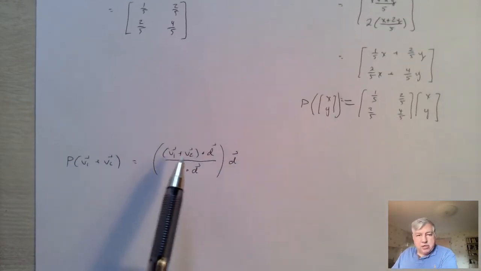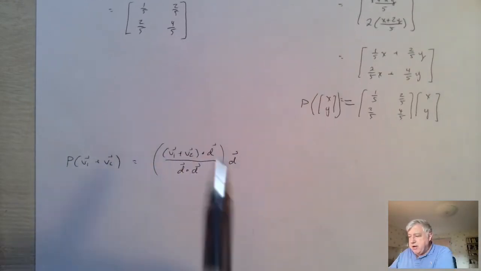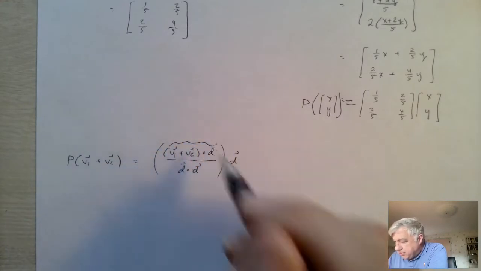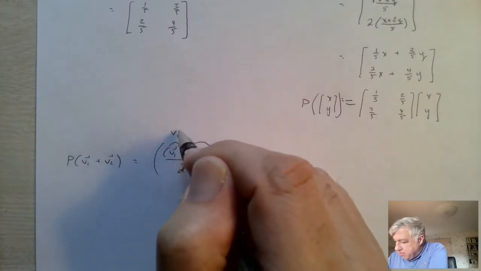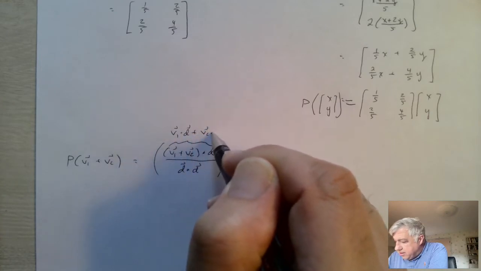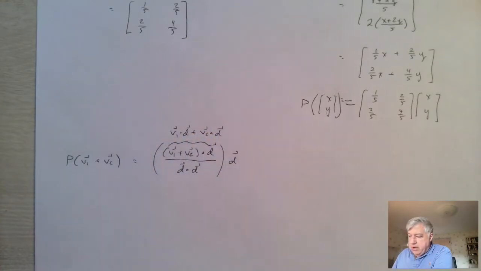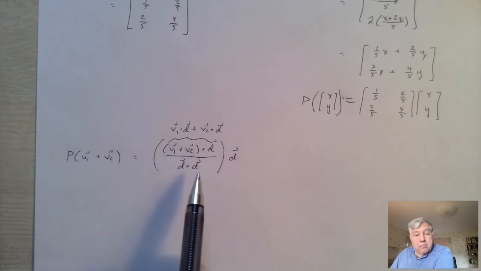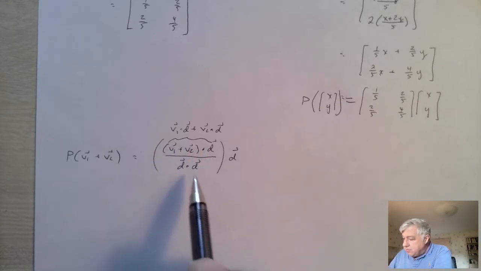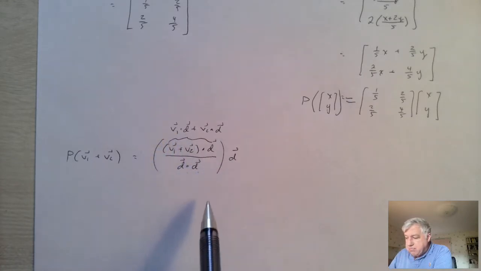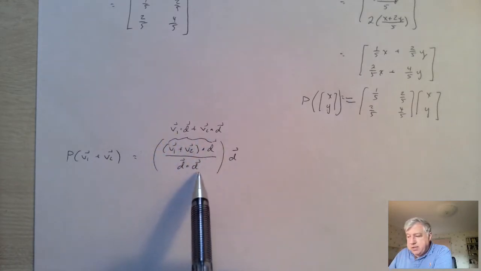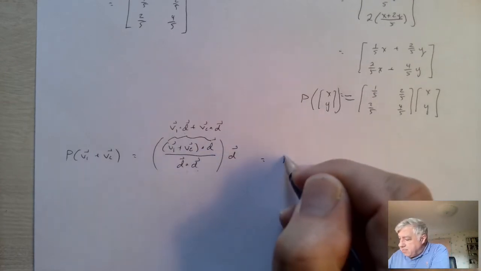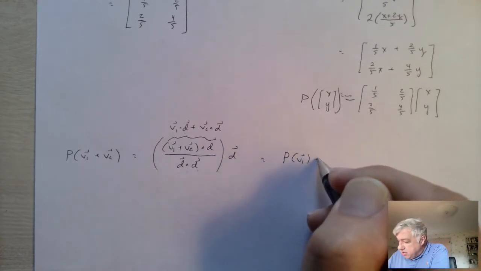We can use the linearity of the dot product. This numerator can be written as v1 dot d plus v2 dot d. And for that reason, you can break this up. So it will be v1 dot d over d dot d times d, plus v2 dot d over d dot d times d. So this will be P of v1 plus P of v2.